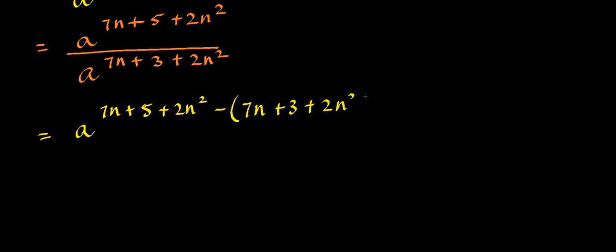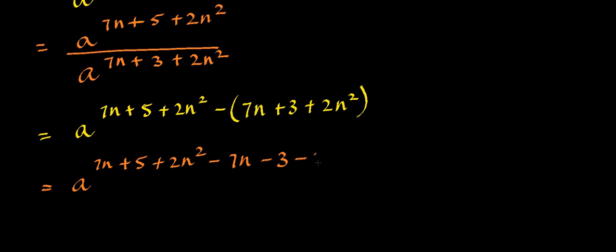Plus 5 plus 2n square minus 7n minus 3 minus 2n square. One extra step is better, safe than sorry. And here the fun part again, plus 7n minus 7n, plus 2n square minus 2n square, and 5 minus 3 gives me 2. So that's equal to a raised to 2. That's my final answer. Okay, moving ahead to the last sum of the exercise.